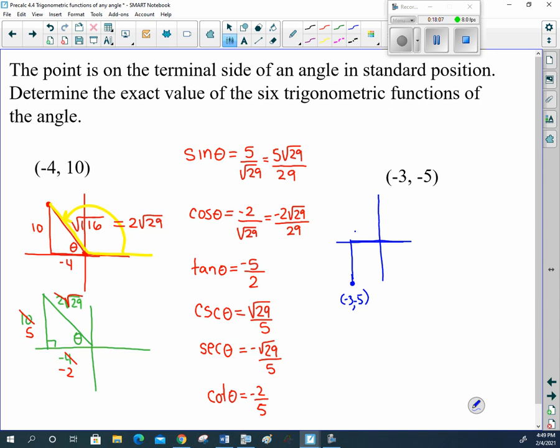Well, this length is, I guess it's not really length, but the direction we moved was negative 3, and the direction we moved down was negative 5. And here's our hypotenuse. So this isn't a 3, 4, 5, guys, because remember the 5 has to be on the hypotenuse. So we're going to do the Pythagorean theorem again, and we get the square root of 34 for our hypotenuse.